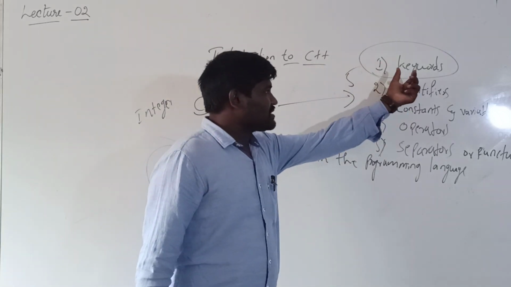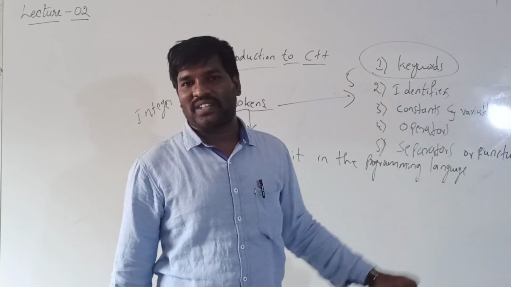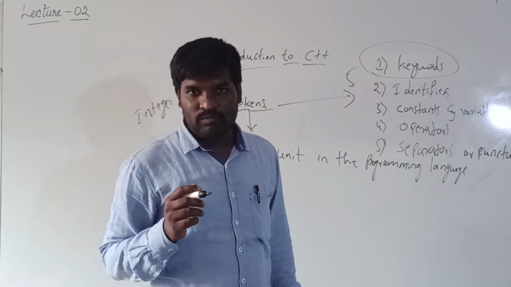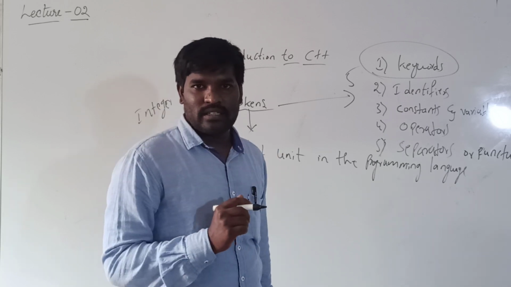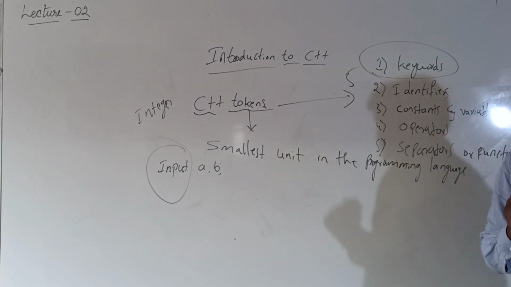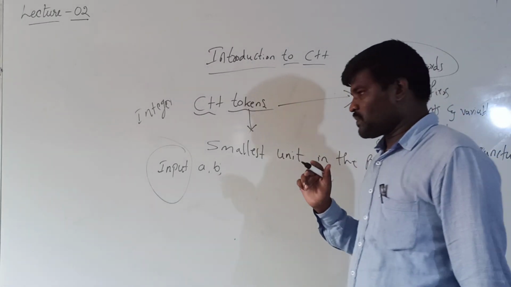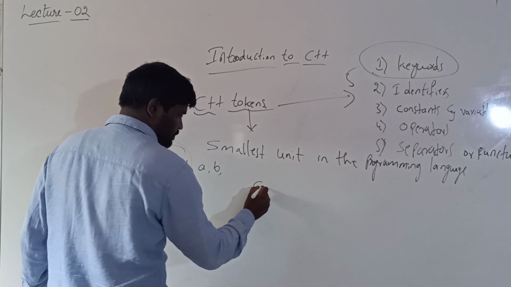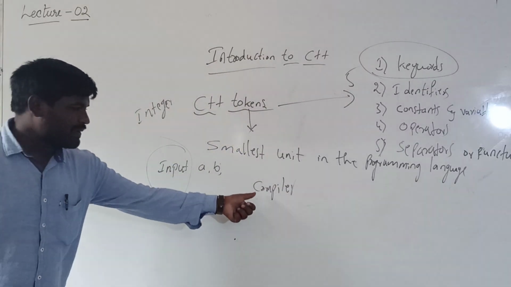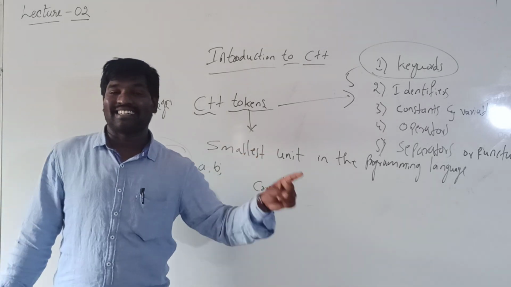It is a collection of characters that have a fixed meaning, or which give a special meaning to the compiler. We already know what a compiler is. Here the compiler is a translator.